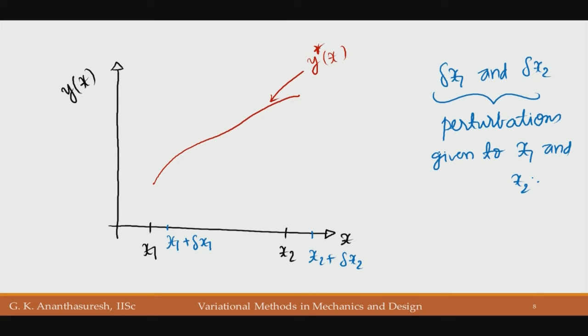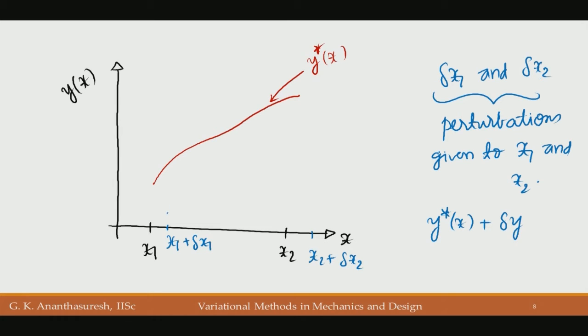So, here also when we say that this is the minimum, it is not enough to perturb y. For y star we can give delta y as a perturbation, but we are not satisfied with that here, because end conditions are also not known. So, we have to perturb the ends. Delta x1 and delta x2 are those perturbations.